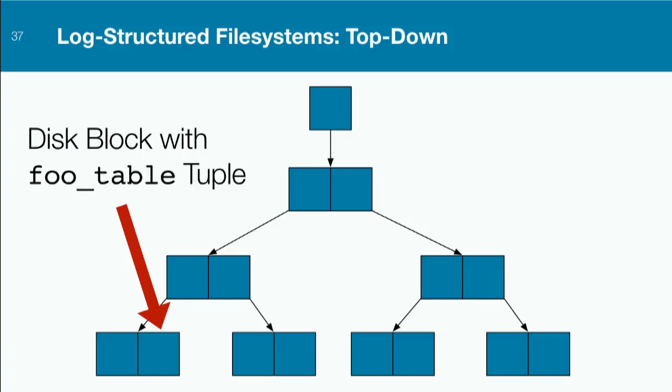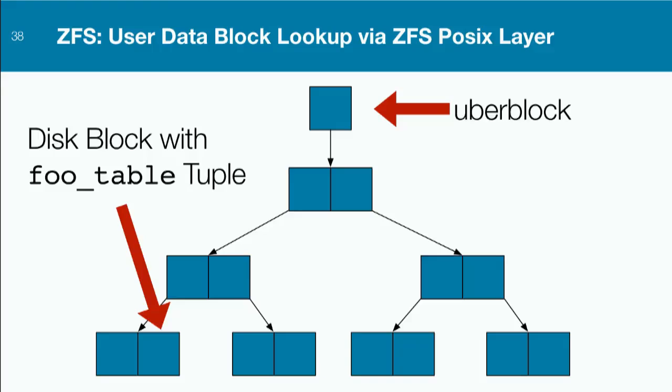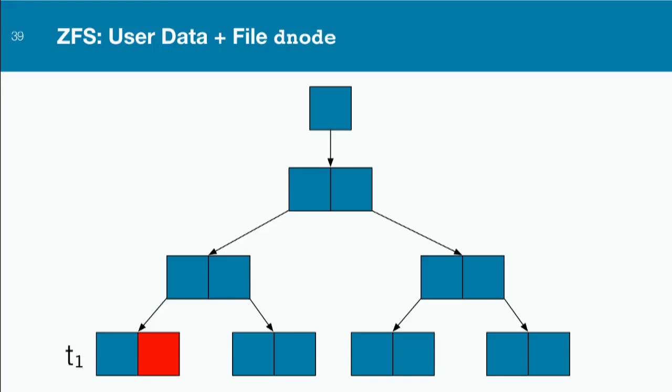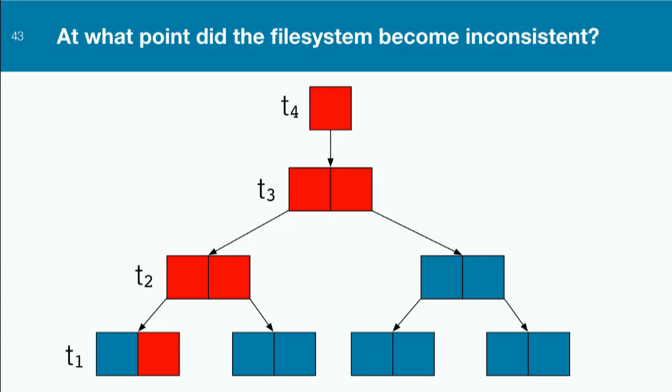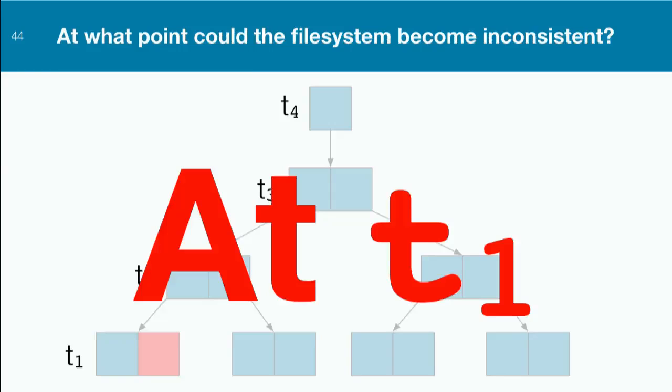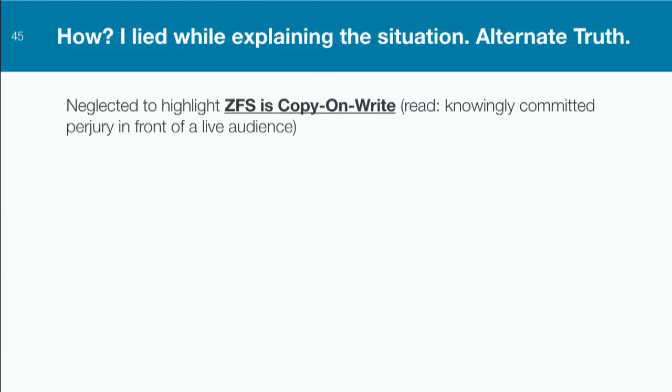If you have a block that you want to make a change on, the change is actually made down here on a leaf node, and internally it rewrites this blockchain all the way back to the uberblock, at which point things are changed. If you're walking a B tree in a normal block file system, at what point do things become inconsistent? In a log structured file system, at what point do things become inconsistent? And they don't. Right. I have a hidden slide in here, sorry.